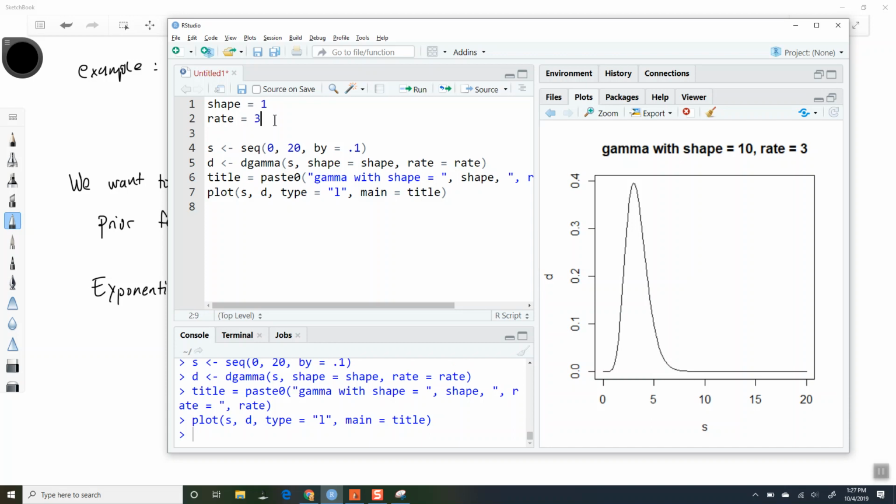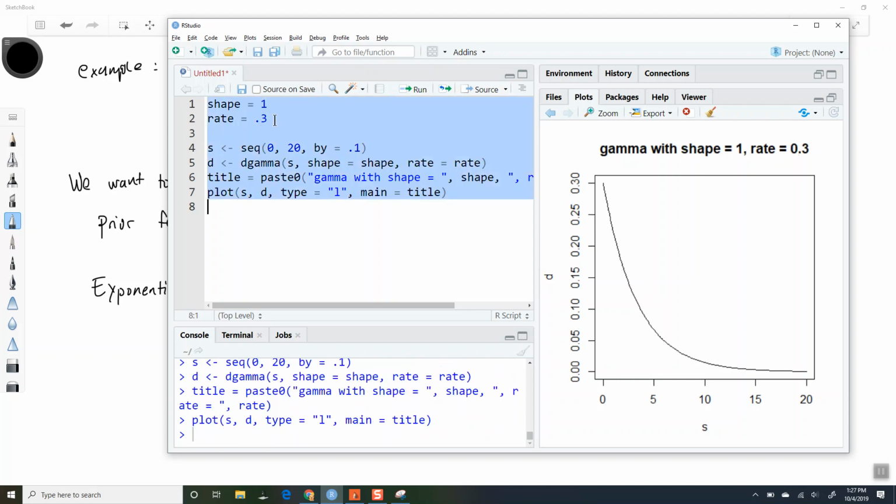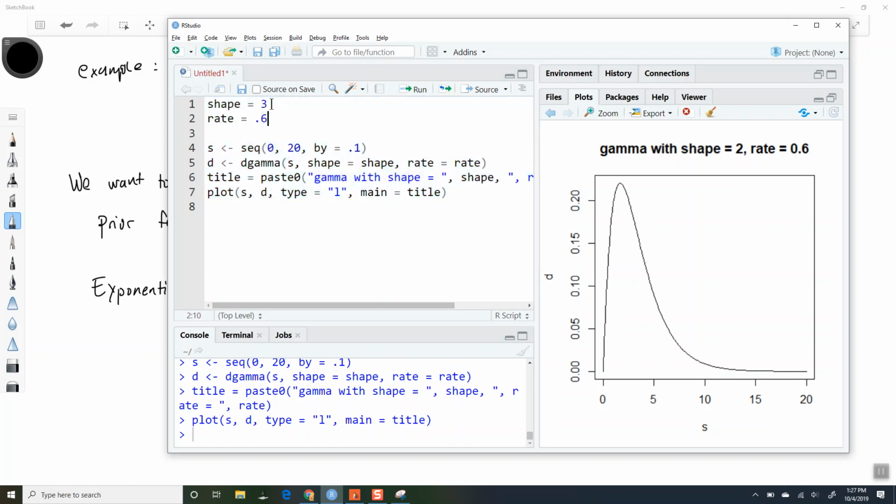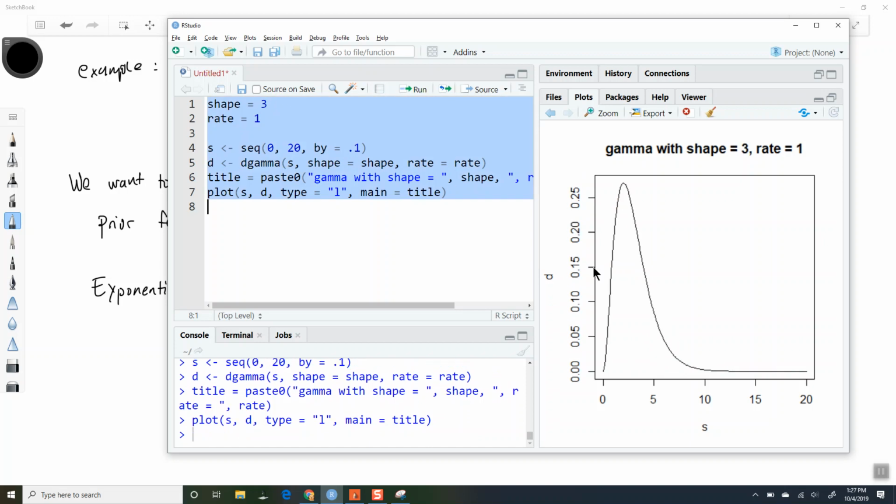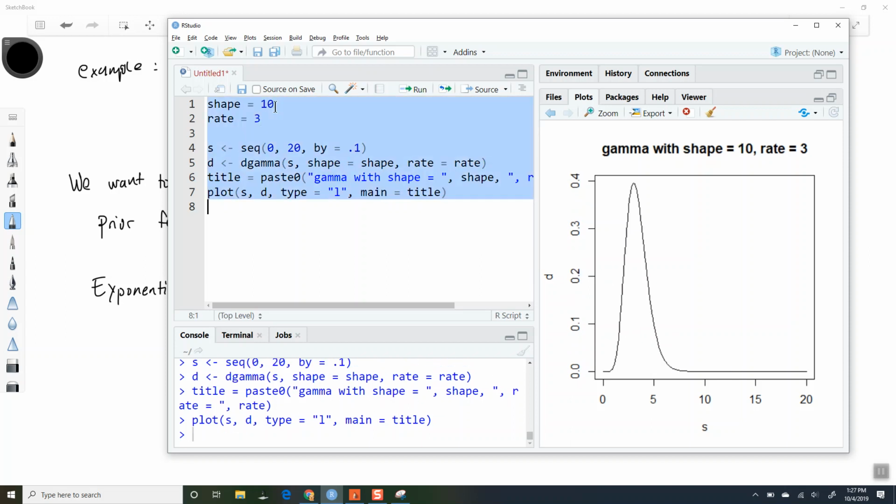And maybe we can see what effect we have. If I reduce this to 1 and 0.3, well, that doesn't work that well, but 2 and let's say 0.6, we can see there's more spread, and as I increase this to say 3 and 1, the amount of spread shrinks, and as I go up to 10 and 3, it does that. And if I do 30 and 10, it gets more narrow, okay? So it's a little bit arbitrary, right?